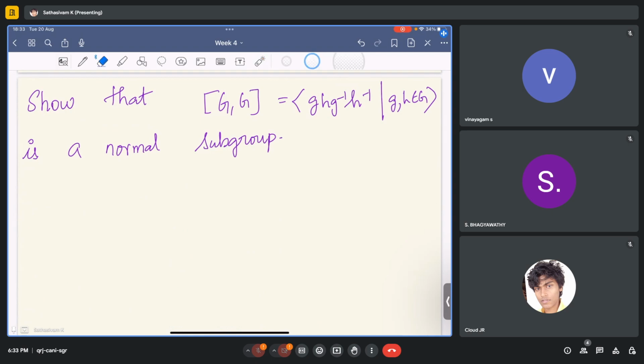We are going to show that [G,G], which is called the commutator subgroup, is basically the subgroup generated by elements of the form g h g inverse h inverse. The claim is that this is a normal subgroup.